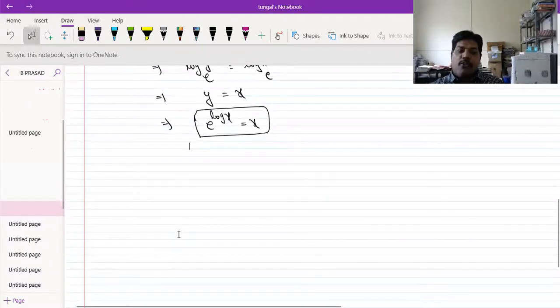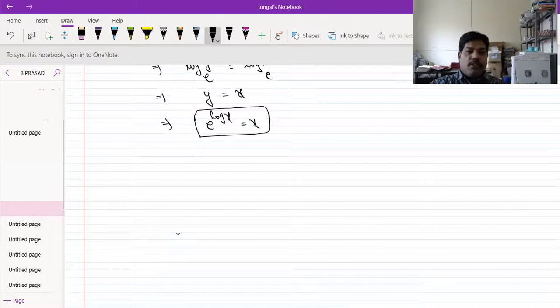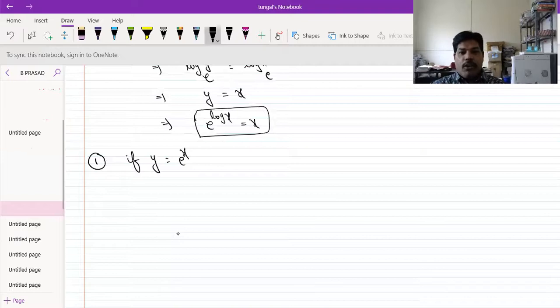So next, I will give you two formulas here, students. Without proofs, I will give you those two formulas. What is the first one? If y is equal to e power x, the derivative of the exponential function, d by dx of y, that is dy by dx, is equal to e power x.